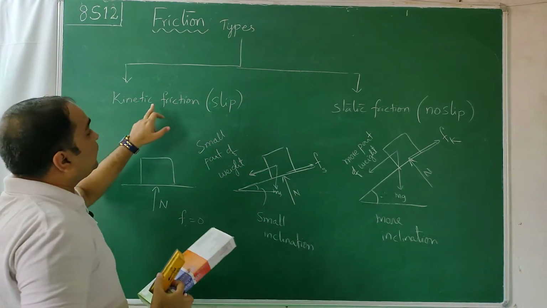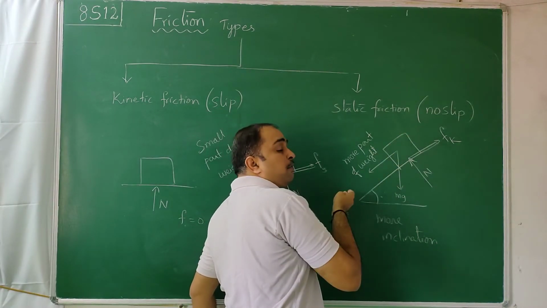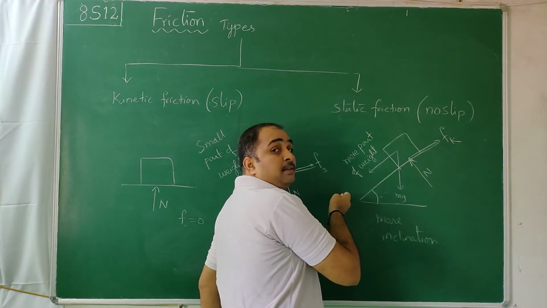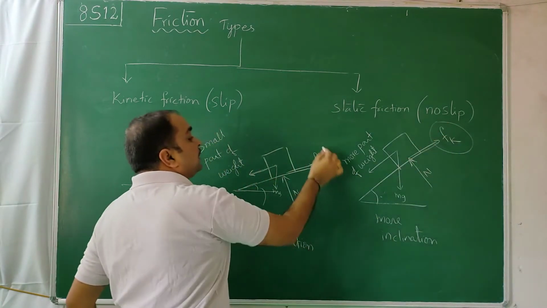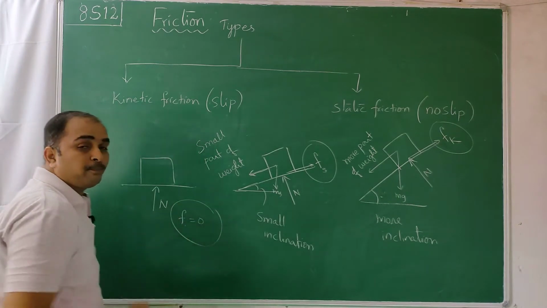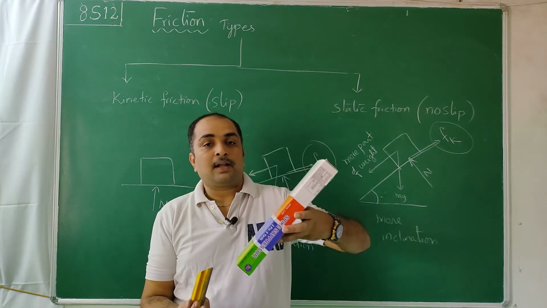If you incline more, then more part of the weight acts along the incline. Therefore it starts slipping. Then the friction comes. That's called kinetic friction. So kinetic friction, static friction, no friction.